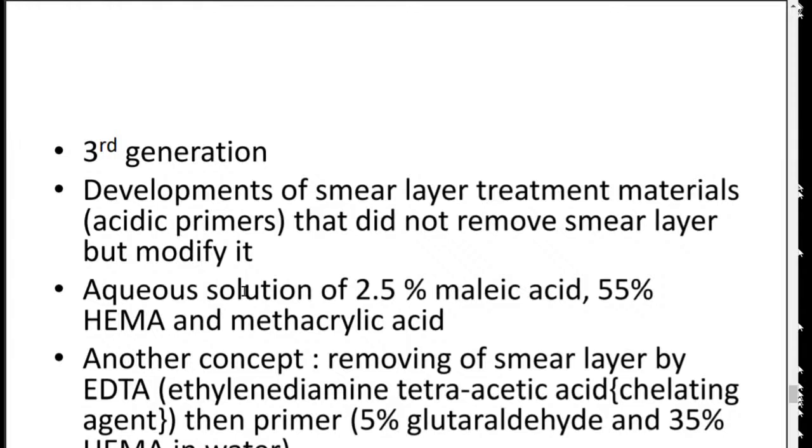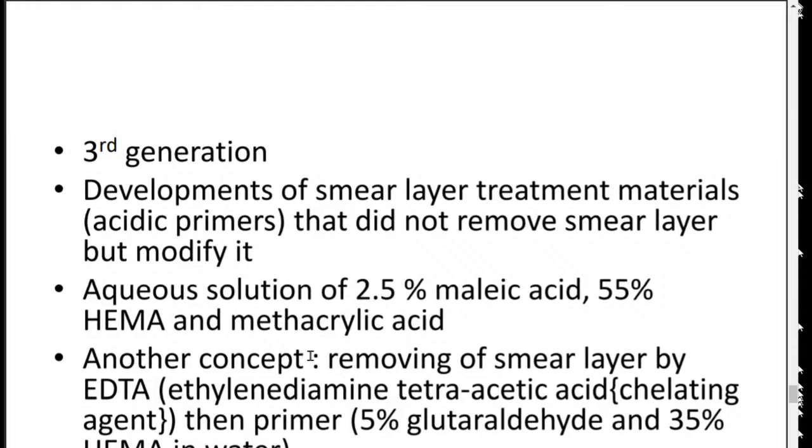Aqueous solution of 2.5% maleic acid, 55% HEMA and methacrylic acid.